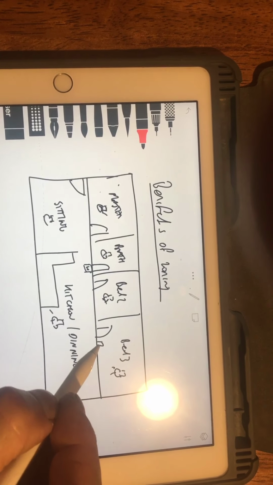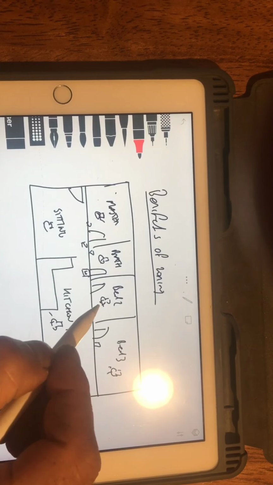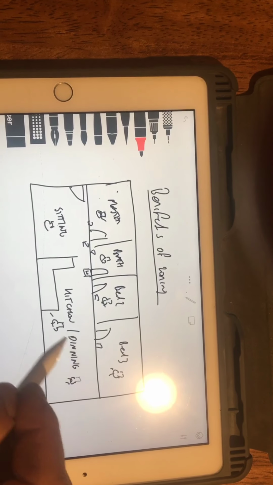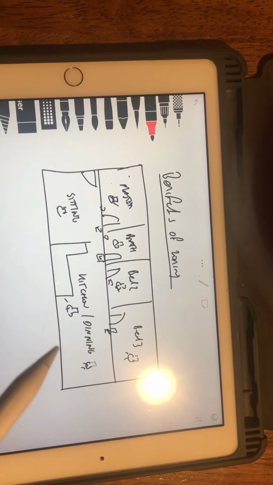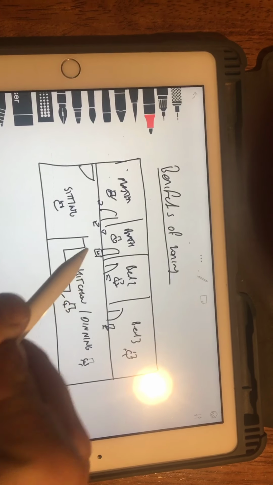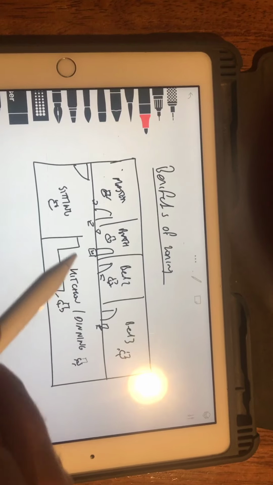Or do you have a light switch in each of the rooms to control the light in each of those rooms? If you have a light, you wouldn't not have a light switch in each room. Because why would you not?